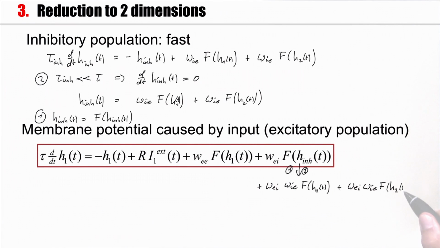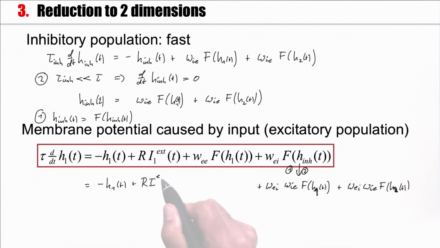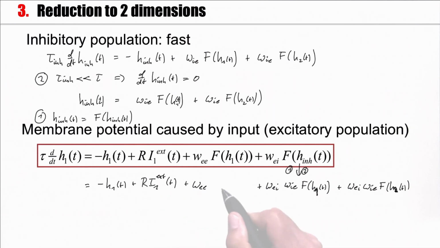So this is 1 and this is 2. And the rest I just copy. Minus H1 of t plus I external for the first population plus WEE f of H1 of t.